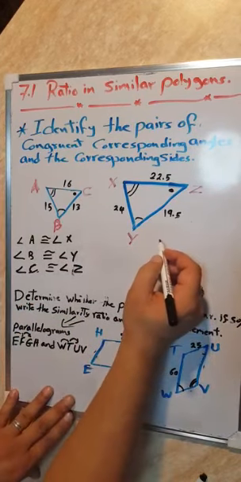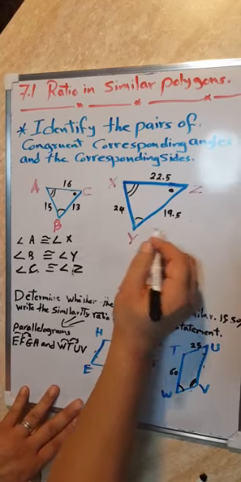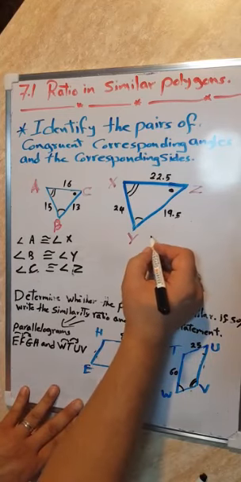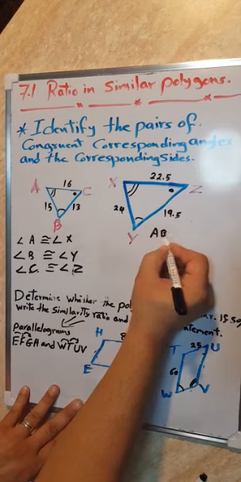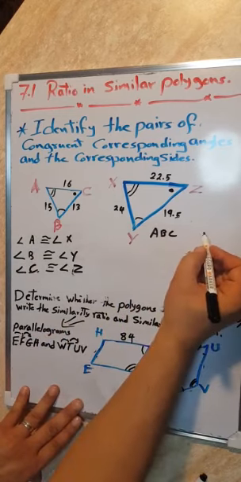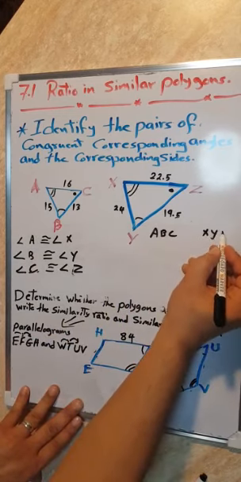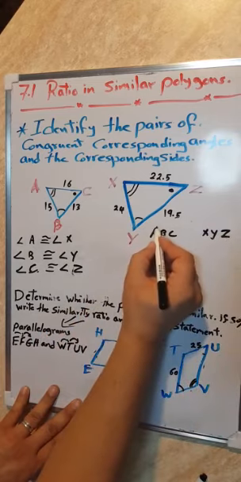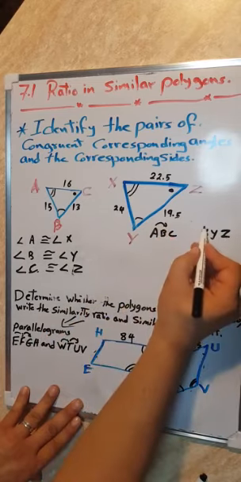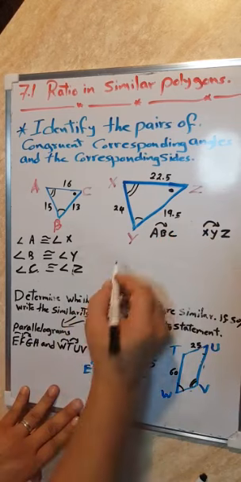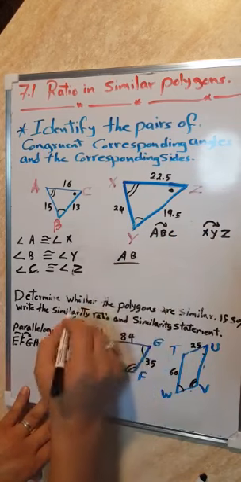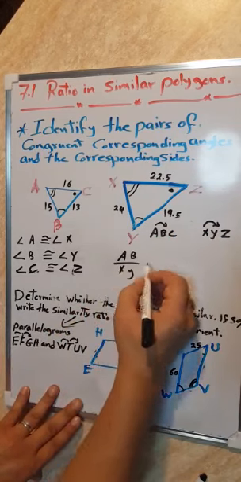To write the corresponding sides, we'll write here A, B, C, the first triangle, and the second one, X, Y, Z. So we say that AB is corresponding to what? XY. So AB is corresponding to XY.